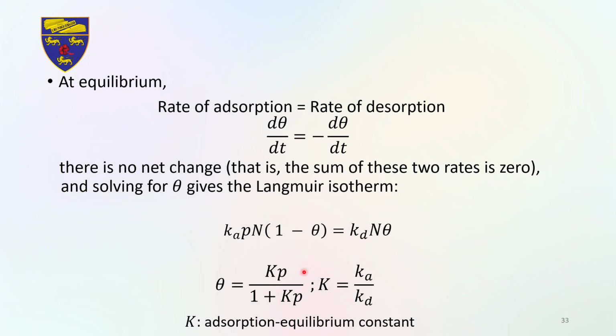And when we rearrange it, we get theta equals equilibrium constant K multiplied by the pressure of the system divided by 1 plus K multiplied by the pressure of the system. And the equilibrium constant is equal to the rate constant of adsorption divided by the rate constant of desorption.